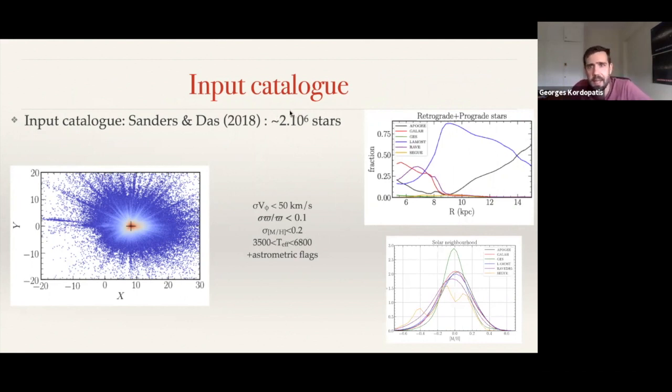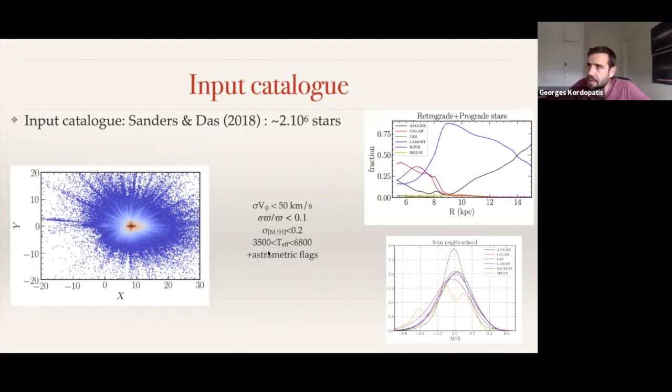From this sample of more than 2 million stars, I have selected the best subsample, which has small uncertainties in V-phi, smaller than 50 kilometers per second, small uncertainties in parallaxes, less than 10%, and small uncertainties in metallicities, typically FGK stars, because if you are outside this range, I speak from experience, it's quite difficult to parameterize and get a reliable abundance for those stars. I have also applied some astrometric flags in order to remove potential binaries from our sample.